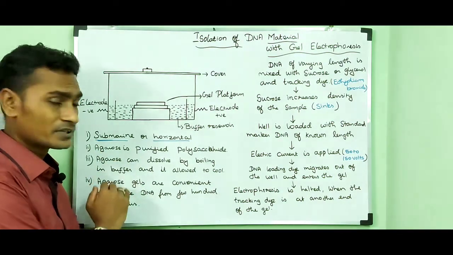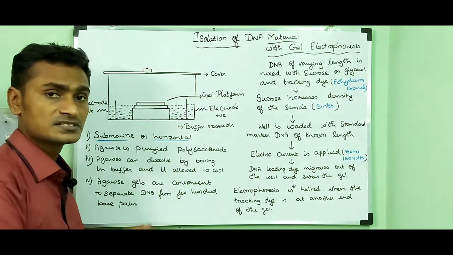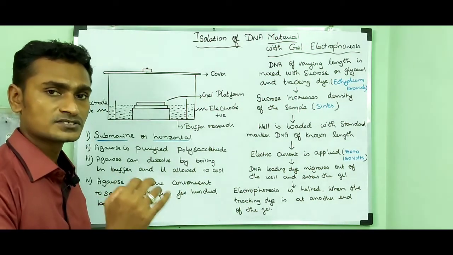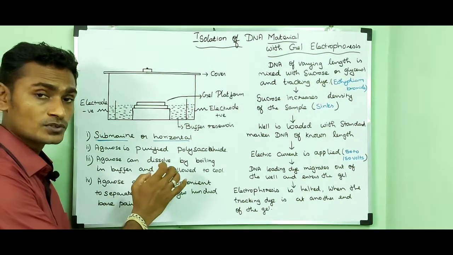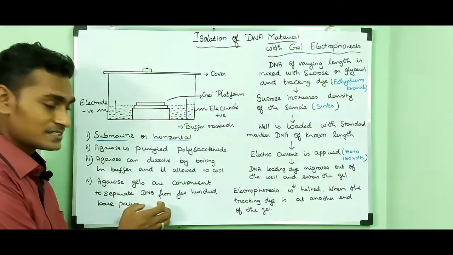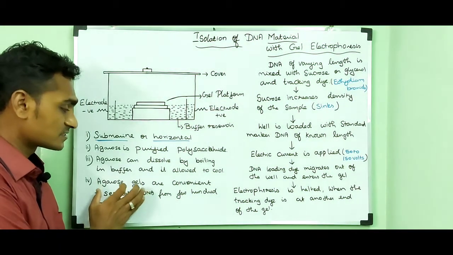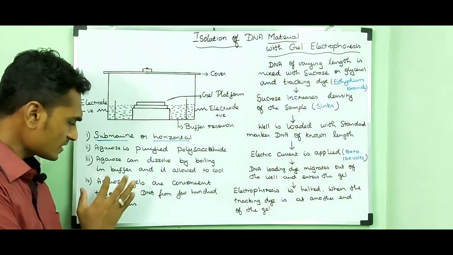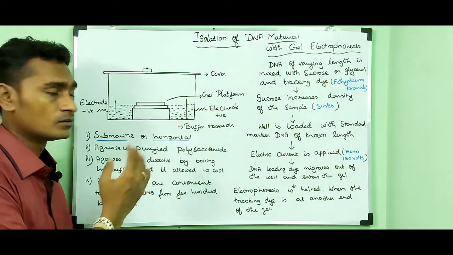Agarose gels are most convenient to separate DNA from a few hundred base pairs and onwards.